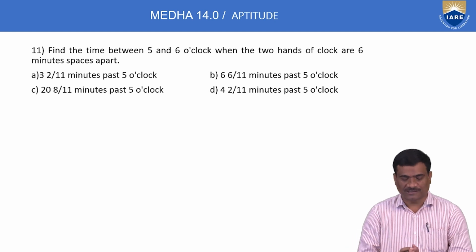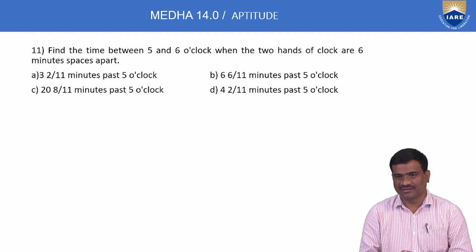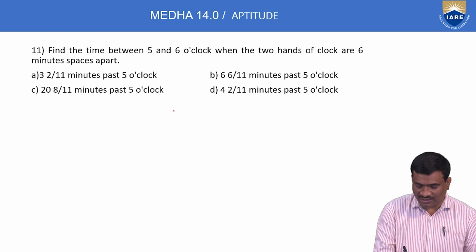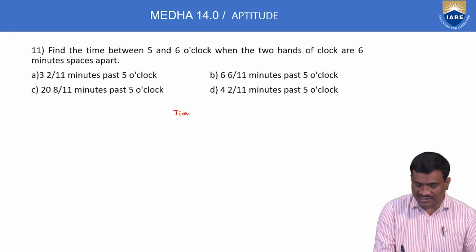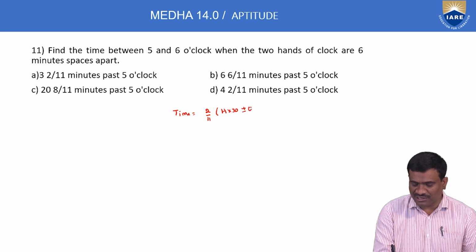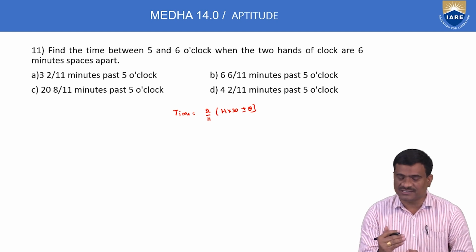Next, reasoning part. Find the time between 5 and 6 o'clock when the two hands of a clock are 6 minute spaces apart. Here important only application. Then required time: time is equal to 2 by 11 into h into 30 plus or minus theta, where h indicates first hour.